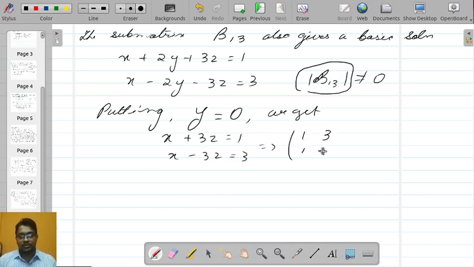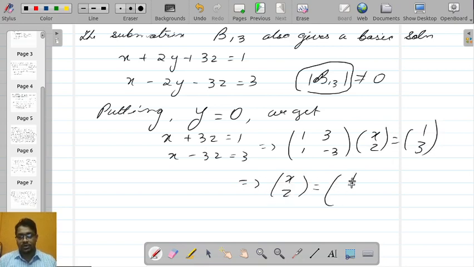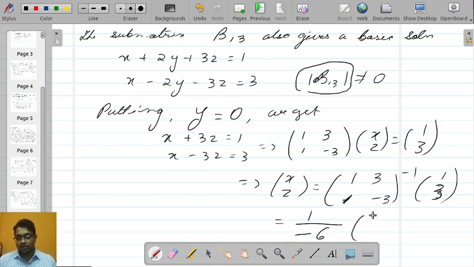Solving, we get the matrix [1 3; 1 -3] times (x, z) equal to (1, 3). You can solve it very easily: (x, z) is equal to the inverse of [1 3; 1 -3] multiplied with (1, 3). So we have to find the inverse of this. It is 1 divided by the determinant, which is minus 6, times [-3 -3; -1 1], finding the cofactors and already taking the transpose.